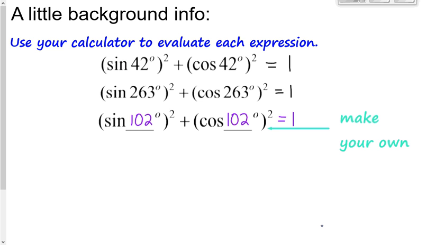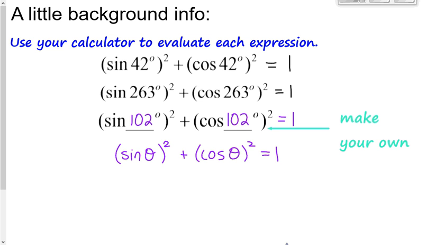And we can generalize it and say that the sine of angle theta squared plus the cosine of angle theta squared is always 1.